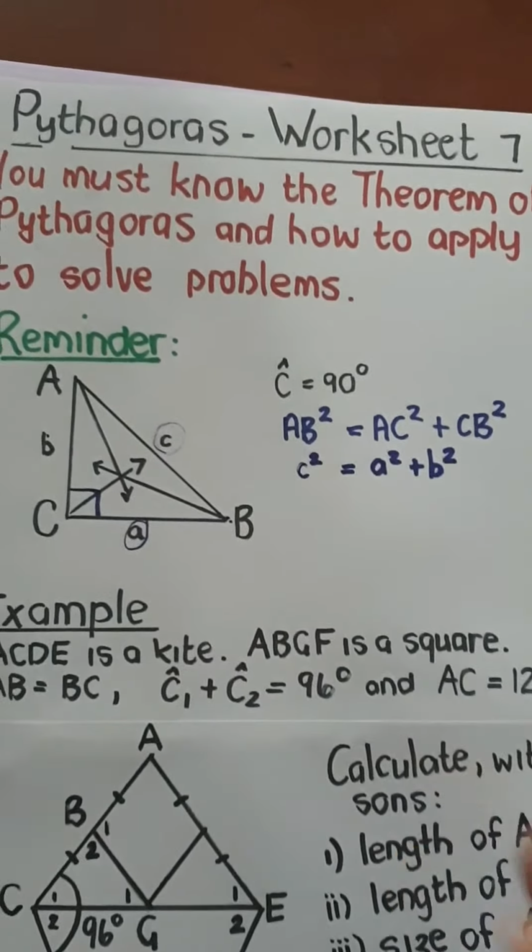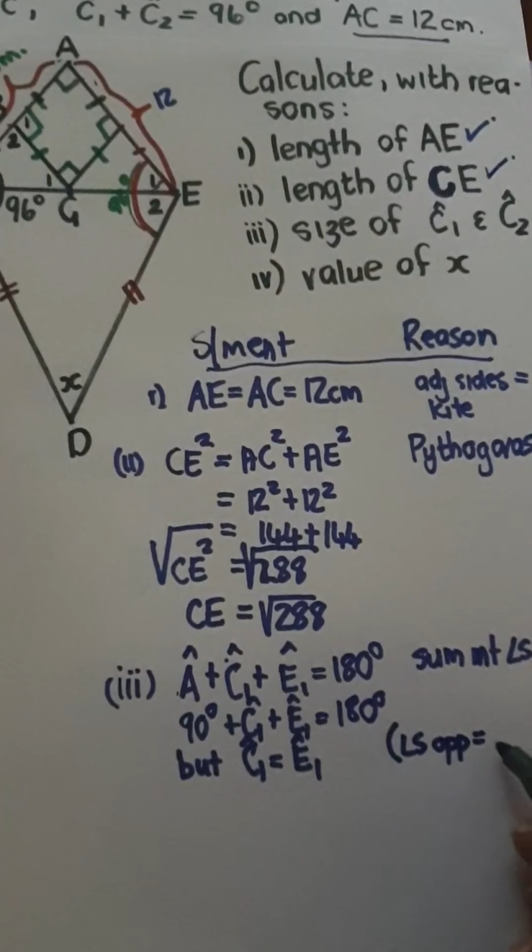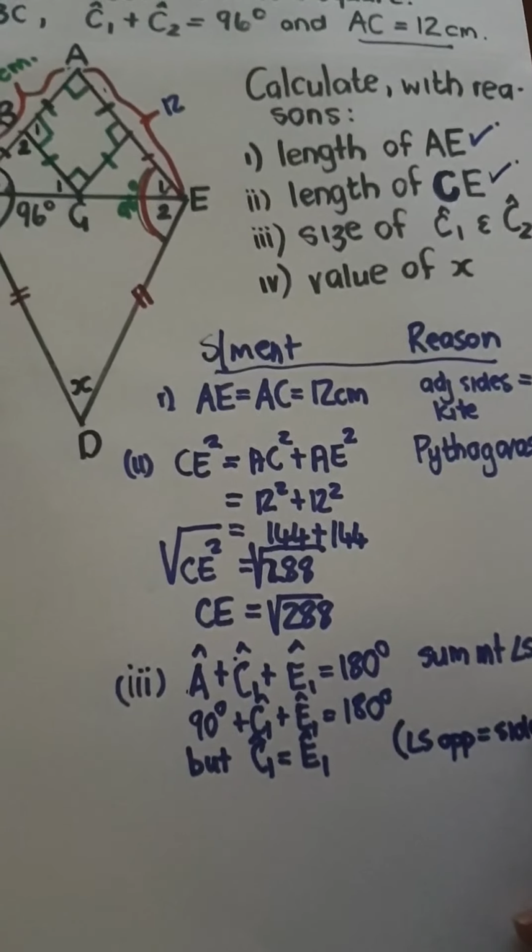Right, so I know A is 90, plus C1 plus E1 must then be 180. But what do I know about C1 and E1? So you can write here, but C1 is equal to E1, and the reason is angles opposite equal sides.